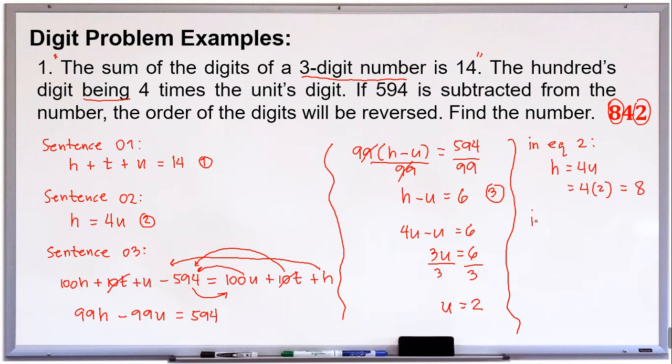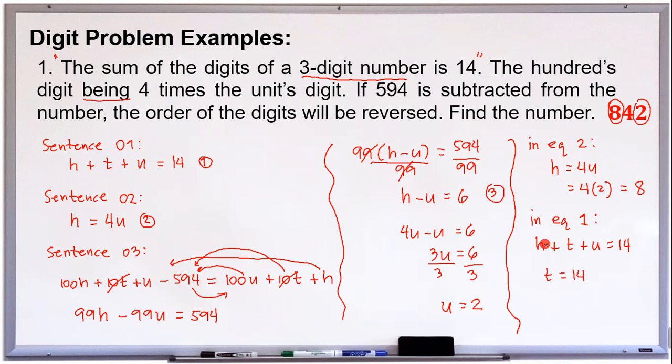Next, in equation 1, we have H plus T plus U is equal to 14. In equation 1, we are going to solve for T because we already have a value for our units digit and hundreds digit. So we have T is equal to 14.